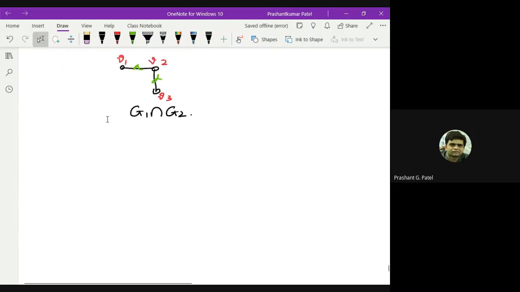Then the next definition is the ring sum of two graphs.